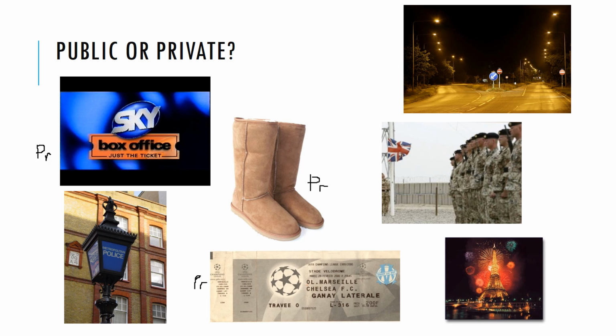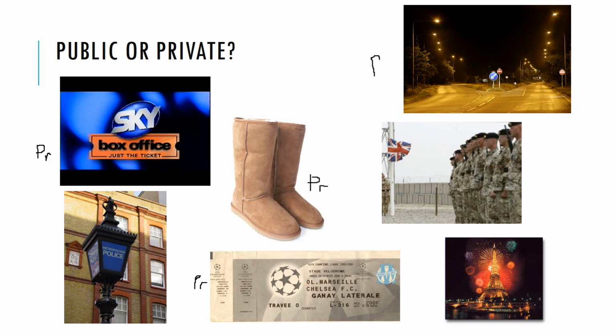Now let's have a look at some of the other ones. Street lighting in the top right-hand corner. If I enjoy the street being lit, does that mean there's any less for anyone else to use? No, I'm not using up the service. Also, once they're in place and turned on, can we exclude anyone from the benefits? Can we prevent people from walking down the street? Probably not.